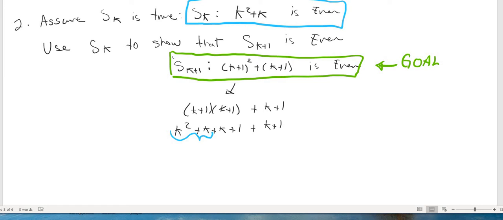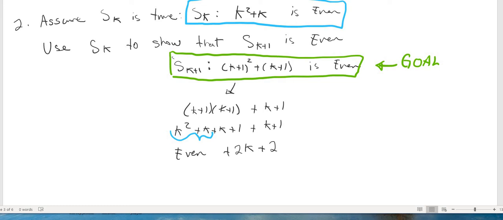These are the ones that you're supposed to add. So then k plus k is 2k, 2k plus 2. There we go. So k squared plus k, according to the formula, this is going to give you an even number, right? Okay, so this is even right there.